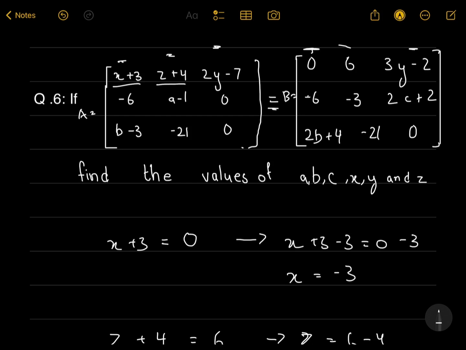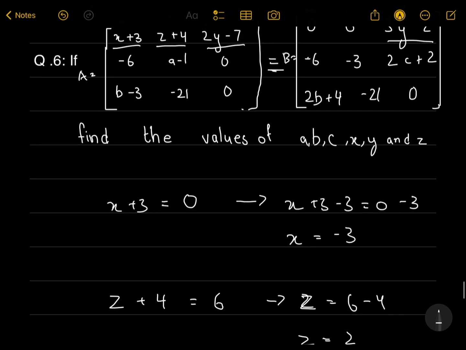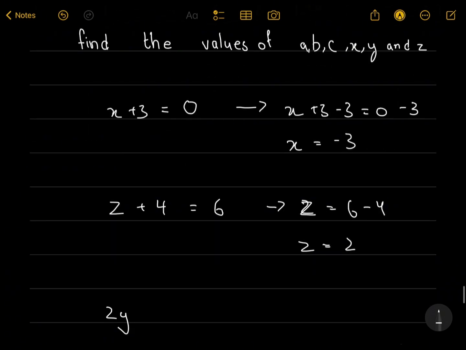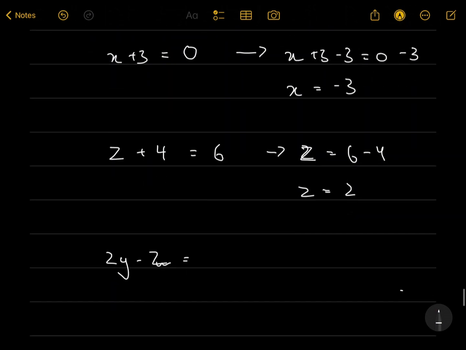Moving on to the next one, this is 2y minus 7 equals 3y minus 2.